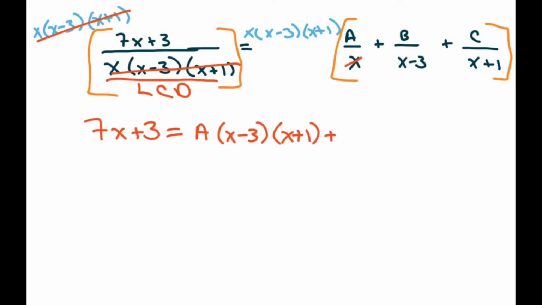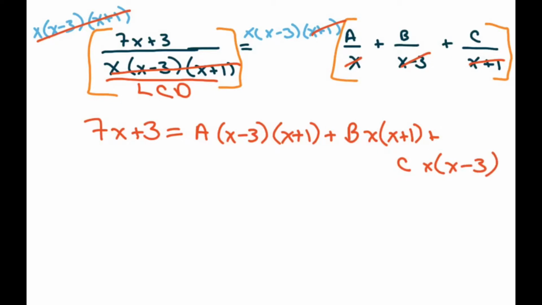For the B, the x minus 3 cancels out, so you just have Bx times x plus 1. And for the C, these cross out, so you get plus C times x minus 3.